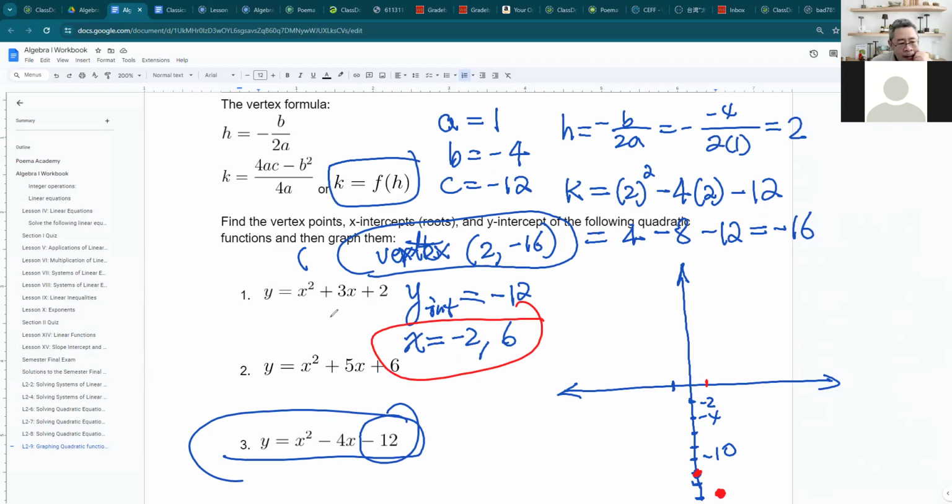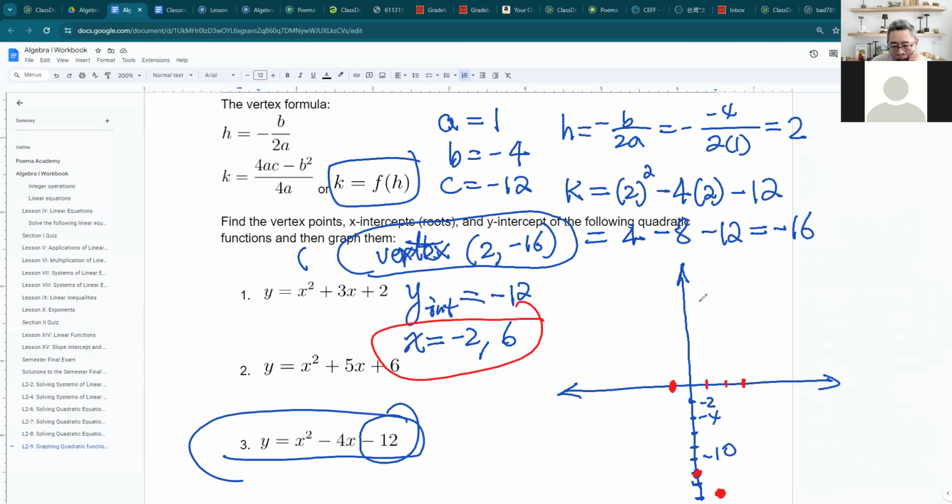But I have one question. For the vertex, that was solving for H. Okay. H and K, that's the vertex. And then we know that we've got negative 2, which is here, and 6. So 2, 4, 6.